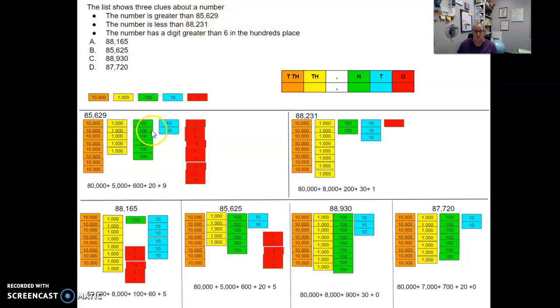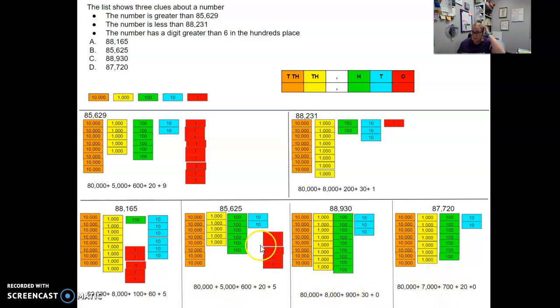So if I'm looking just at my expanded form, I'm able to see this is 80,000 each time. Doesn't really help me. This says 5,000. So there's the 5,000. So then 8,000, 5,000, 8,000, 7,000. Remember, I'm still looking for one that's smaller, so I got to keep going. 600, 600, 100, 600, 900, 700.